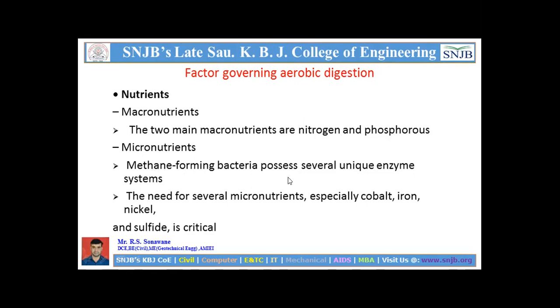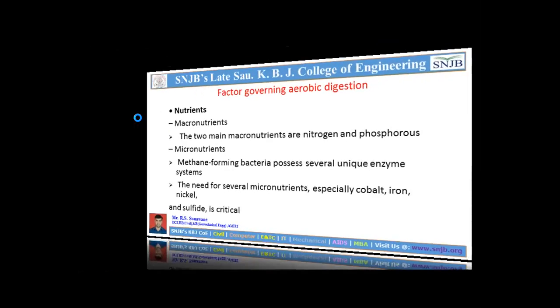Methane forming bacteria possess several unique enzyme systems and need several micronutrients, especially cobalt, iron, and nickel, and sulfide is critical. So this is the third factor governing anaerobic digestion.